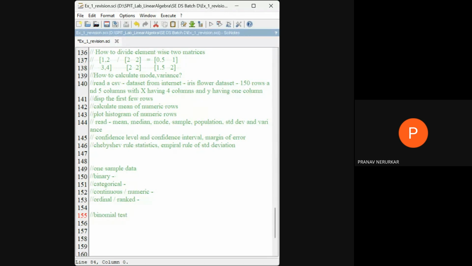This binomial test is applicable on binary data. That means each sample of data can have only two values, which will be coded as 0 and 1.